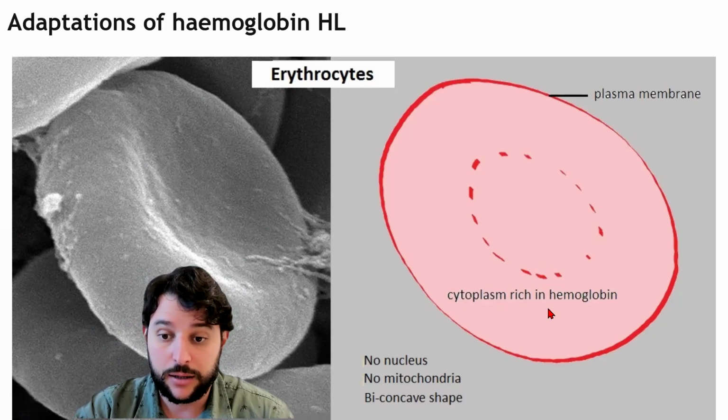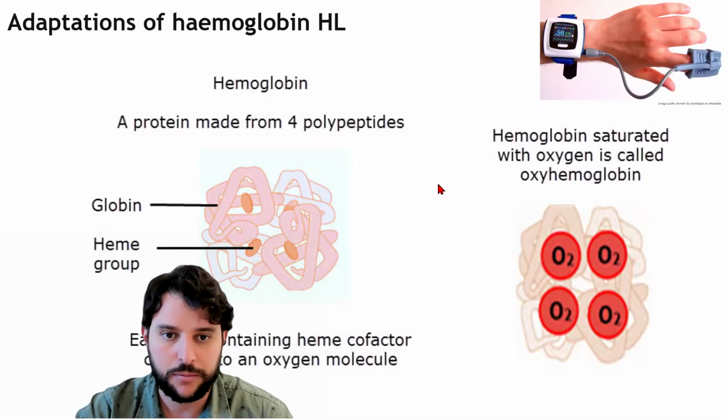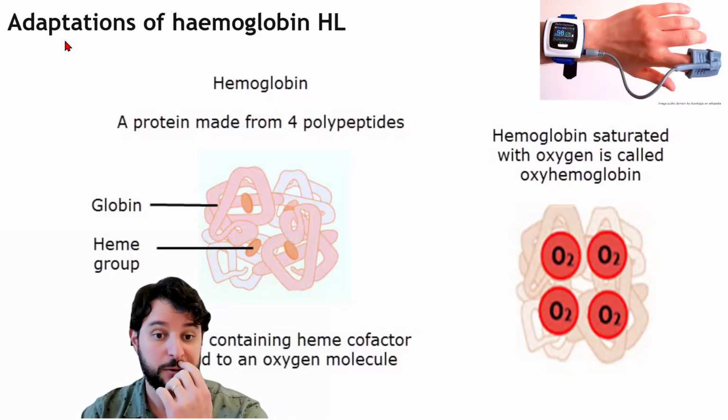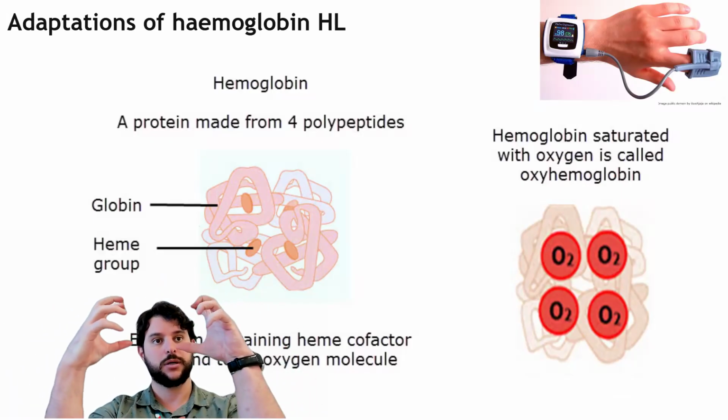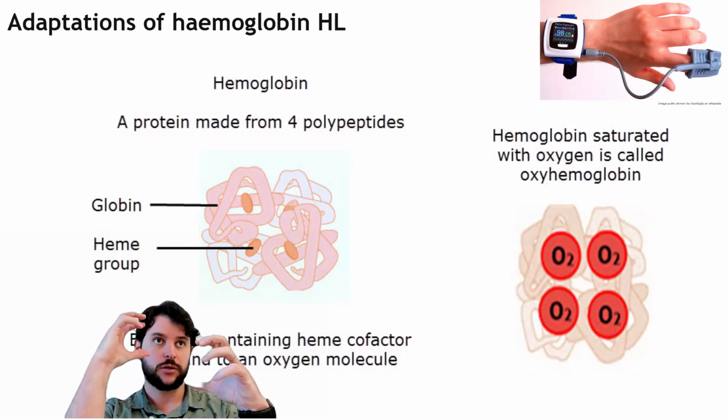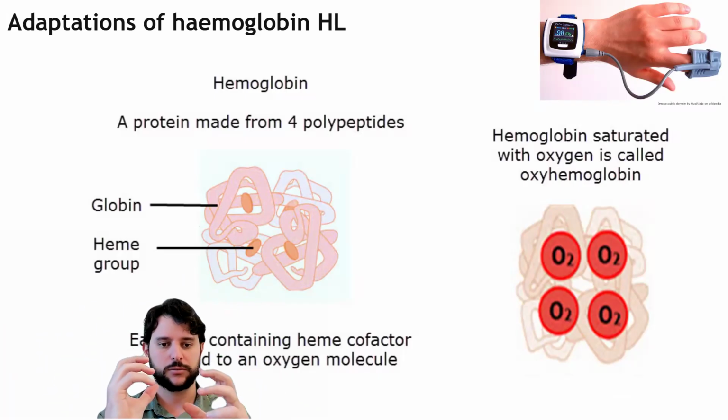And they can transport a lot of oxygen, the hemoglobins that are present in its surface, okay? So the hemoglobin is a protein that has a quaternary structure. So it's made of 4 polypeptides, and they end up combining these tertiary structures. They combine to each other, okay?